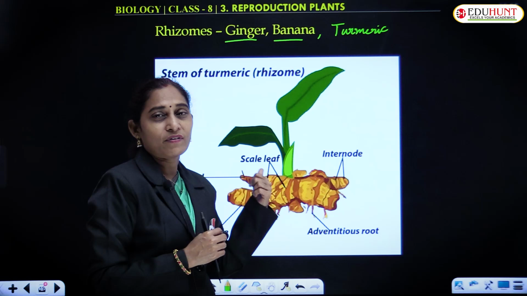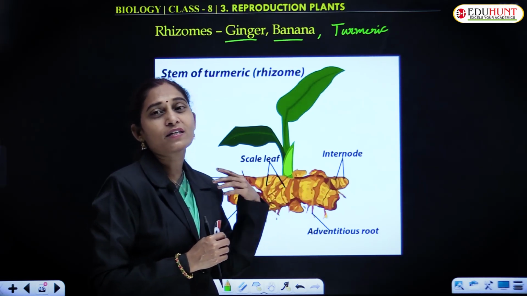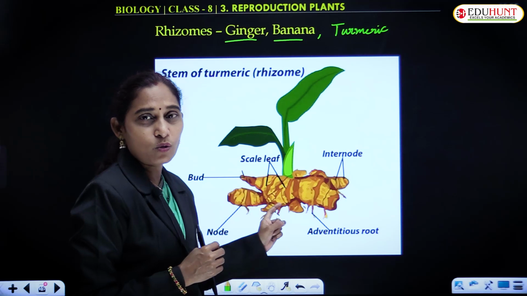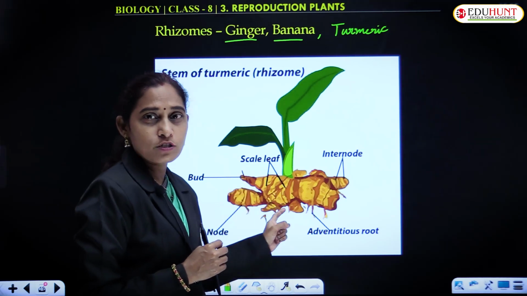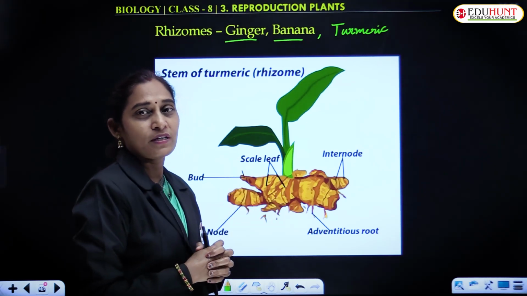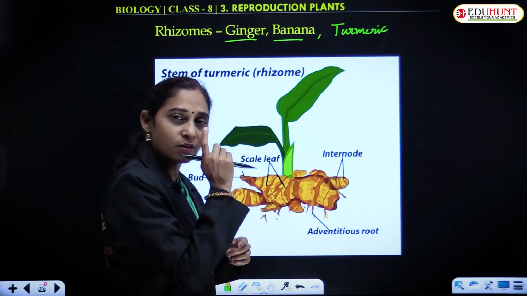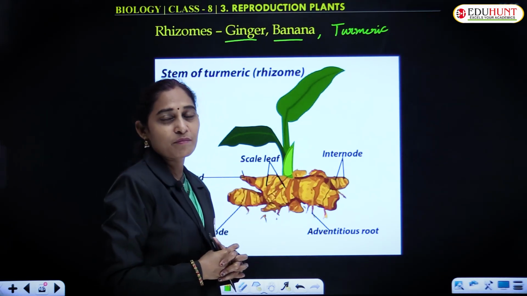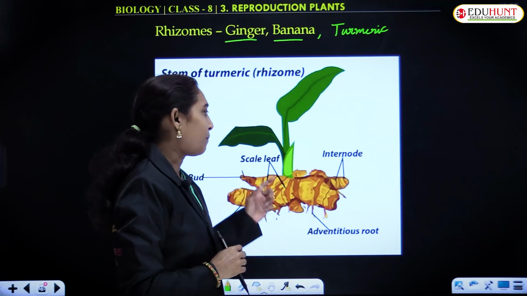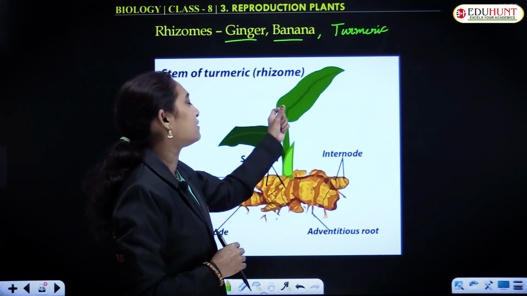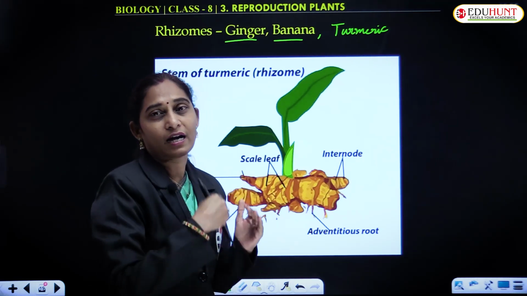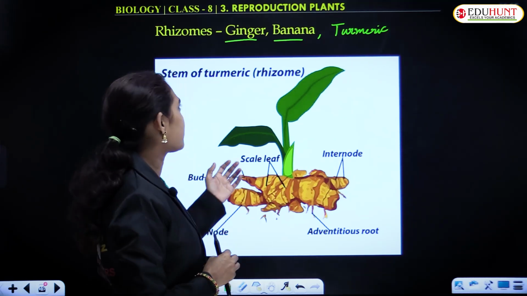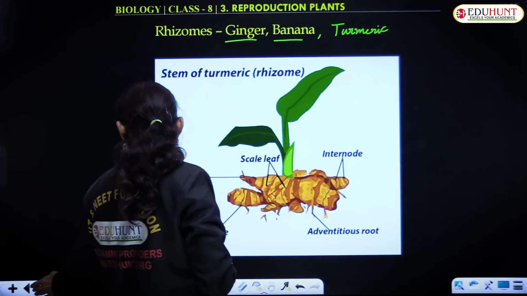That is why we can say that this is not a root, it is a stem, because it has nodes and internodes. Nodes and internodes are present on the stem only. And from the nodes, axillary buds emerge. From these axillary buds, the branches come out of the soil. So this is about rhizome.